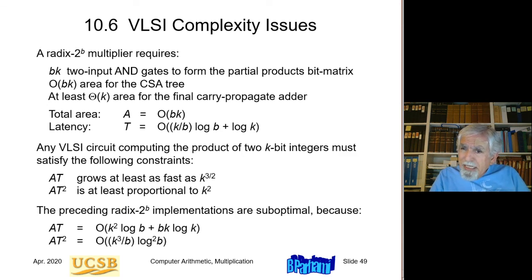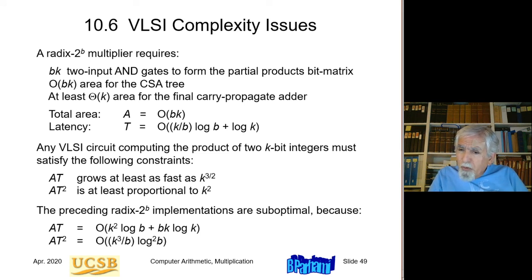Well, for our AT, just take those two expressions and multiply them by each other. Our AT is order K squared log B plus BK log K. Most of the time the second term is dominated by the first one, so we have K squared log B instead of K square root of K, so it's way off.